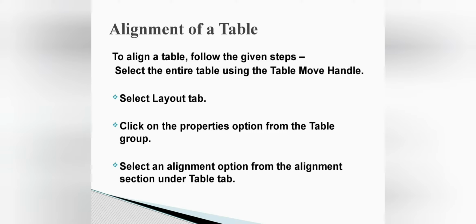Under the Table group we click on the Properties button, and select an alignment option from the Alignment section under the Table tab. As and when we click on Properties, it will show a dialog box, under which the Table tab is there, where we have to go and change the alignment of a table.